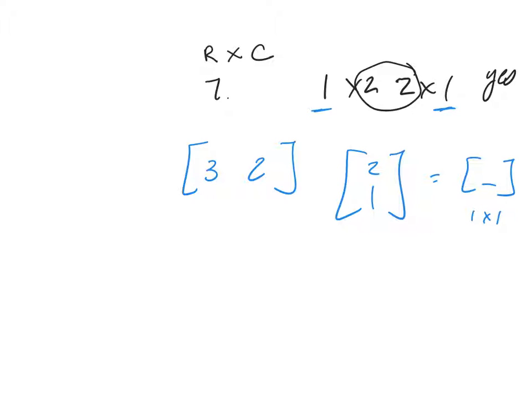Now you're going to remember what you did when you took your left hand and went left to right, and your right hand and went up and down. You made a shape of the 7. So we're going to do 3 times 2 plus 2 times 1.